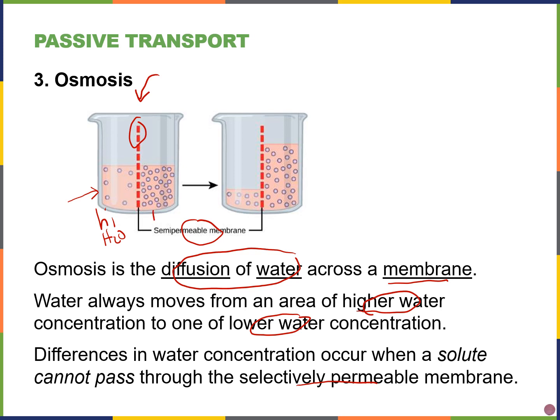On the right side, there is a lower water concentration because there's more solutes. So I'm saying that water is going to go from where there's more water to where there's less water. So water is going to cross the membrane, going towards the right side. And that's why at the end of the reaction, I can see the water level has risen on the right side.